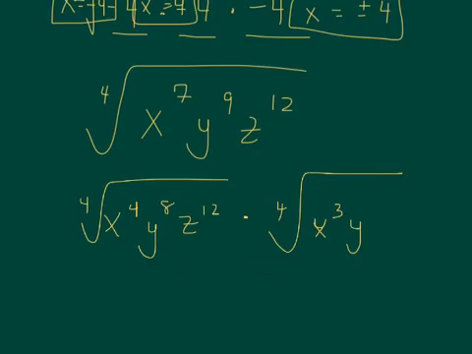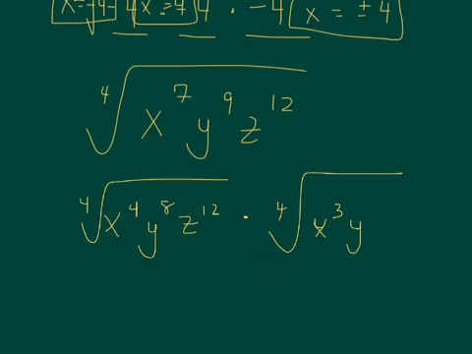So what we do is we look for the largest multiple of the index that you can possibly have. The index is 4. Multiples of 4 are 4, 8, 12, 16. Which one is the largest for each of these that you can take out of it? Now, what do I do with what's left over?